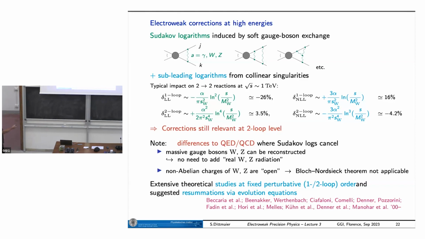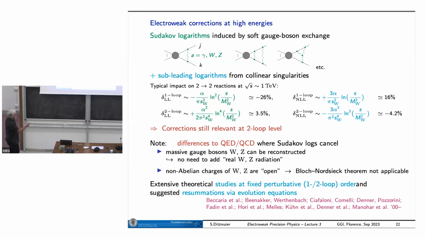So something similar must actually be possible here. In fact, it is. So for example, to cancel these large corrections, which are all loop corrections, virtual corrections, you would have to add real W and Z radiation. Like you add real photon radiation.